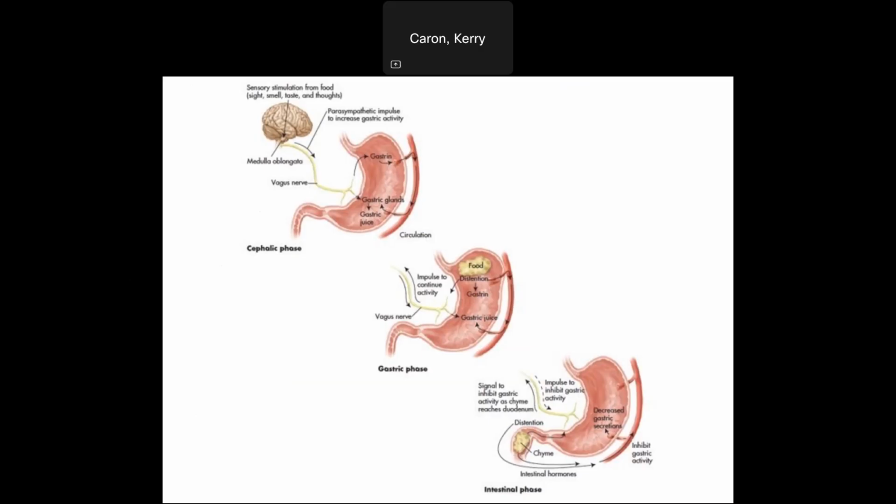Then the gastric phase, the food enters, there's a little distension, the rugae kind of open things up. We have gastrin, we have gastric juice. And then the intestinal phase is when that bolus has become chyme and we are moving that chyme through the pyloric sphincter into the duodenum.